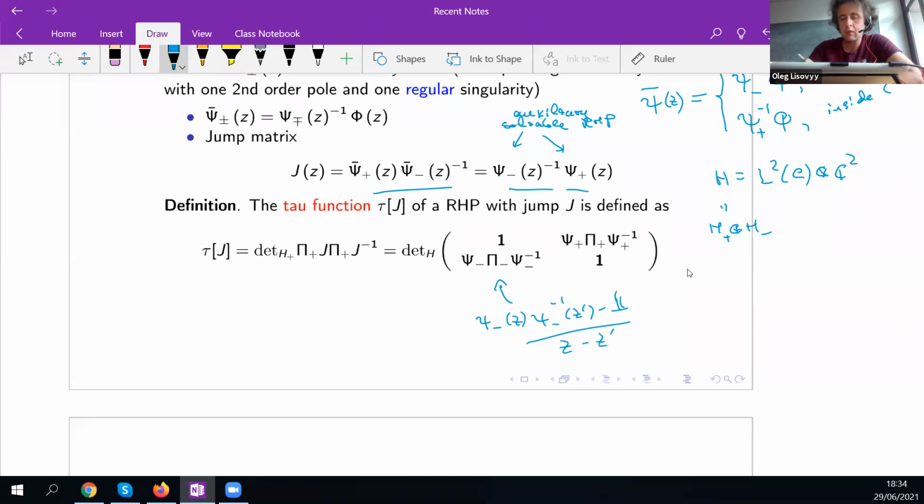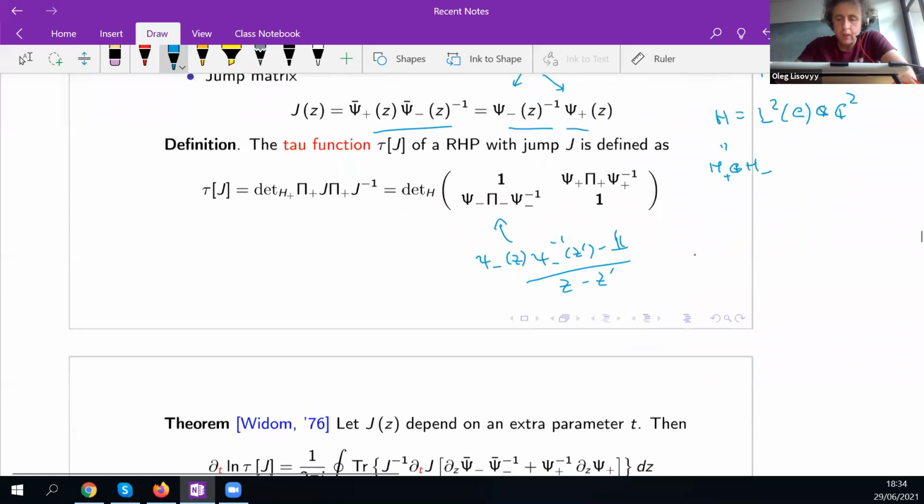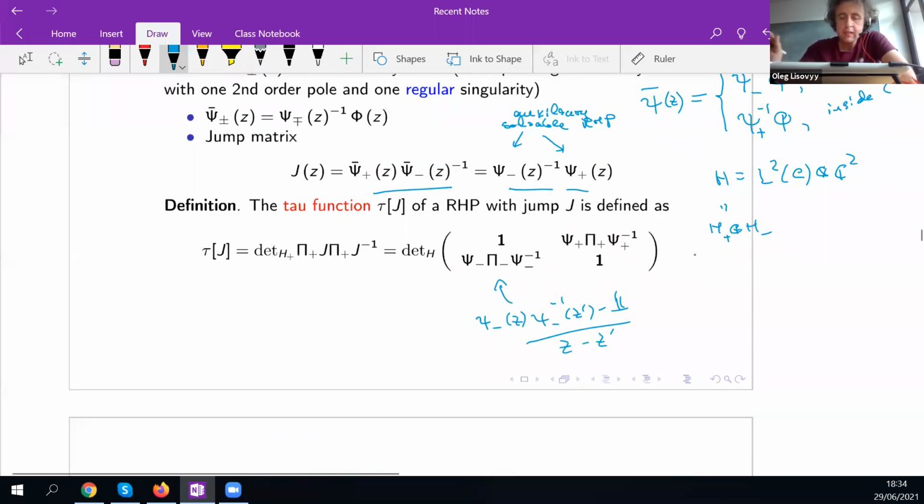So this is the kernel. But the point to stress here is that in the case we are interested in, this psi plus and psi minus entering the Fredholm determinant are completely explicit. They are given in terms of Bessel functions, essentially.